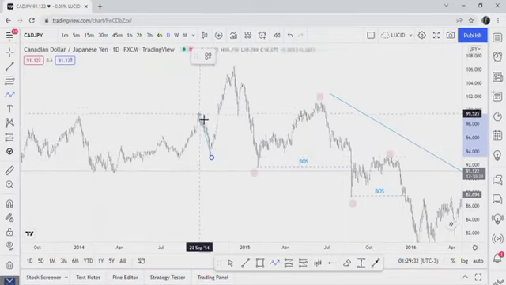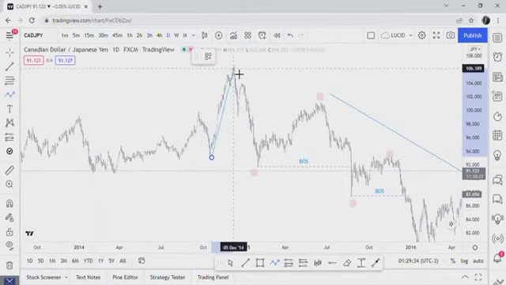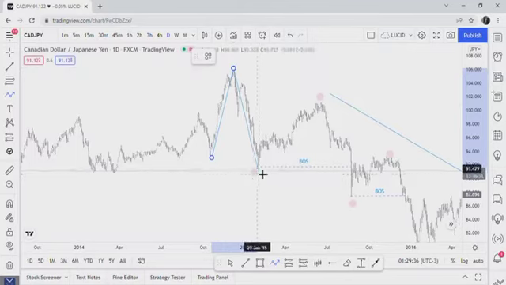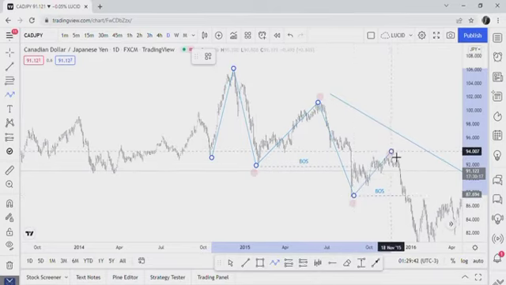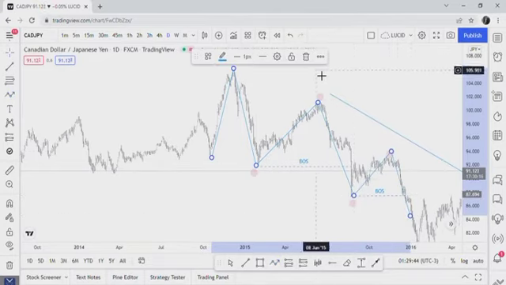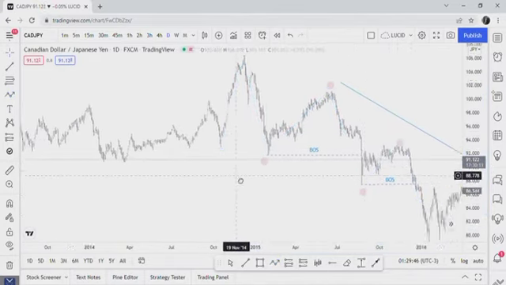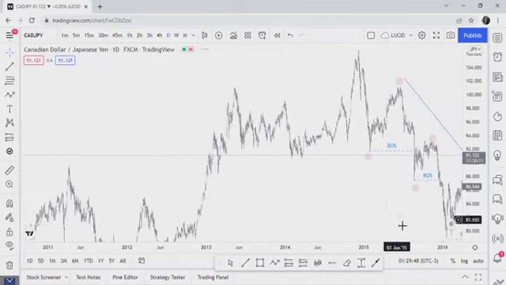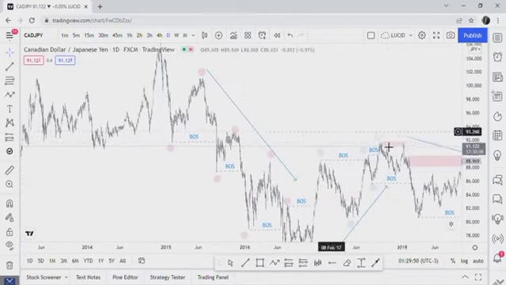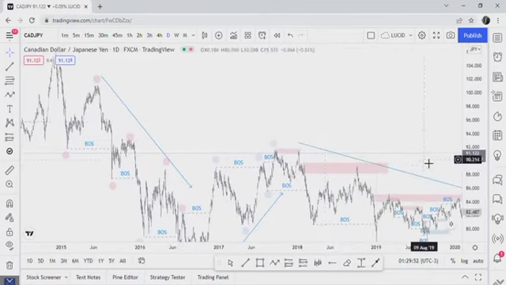Break of structure to the upside, then break of structure to the downside. Retest supply, then push to the downside. Retest supply, push to the downside. That's just it. It's quite simple. All these things are simple.